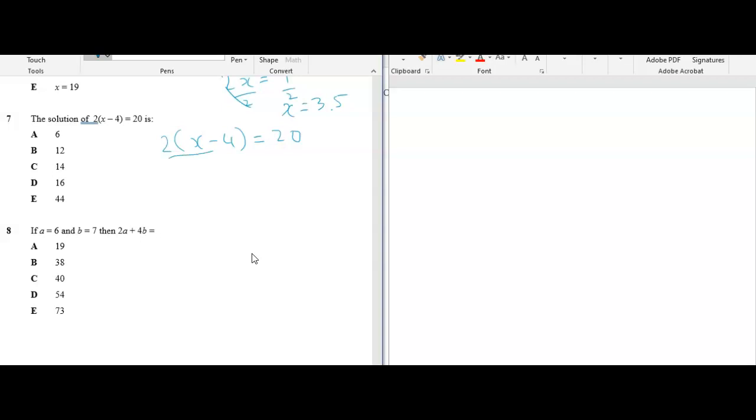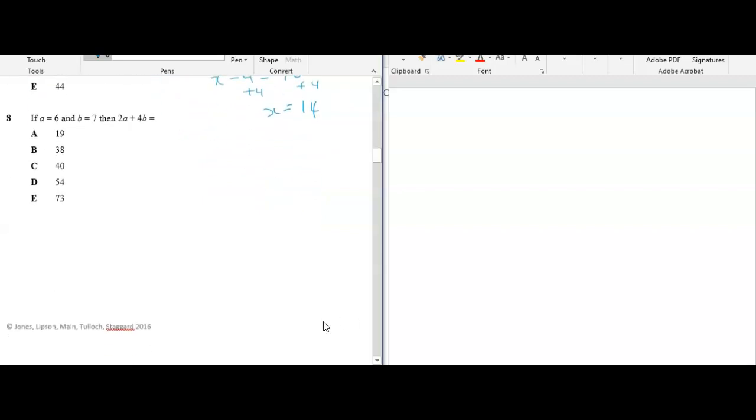But if you take your time, you'll still get the same answer. But get rid of that 2 first. You don't need to expand that bracket. So then we're left with just x minus 4 on the left-hand side, and 20 divided by 2 is 10. Add 4 to both sides. So x is equal to 14, which is there.